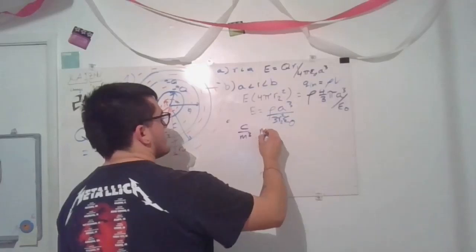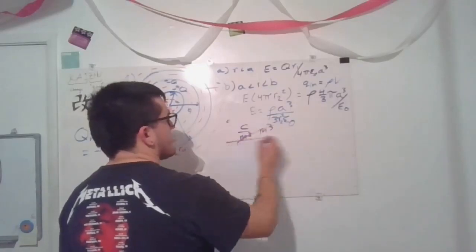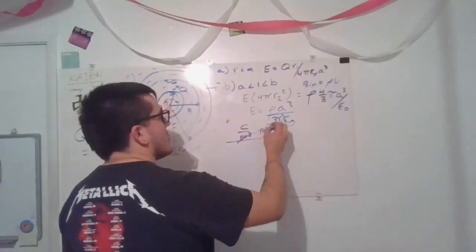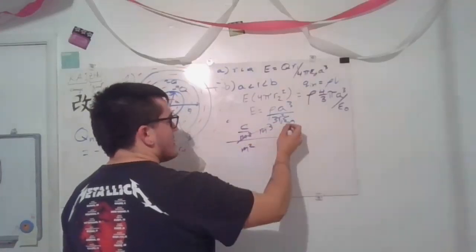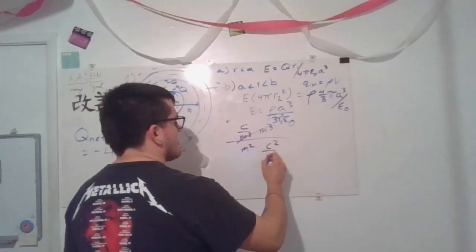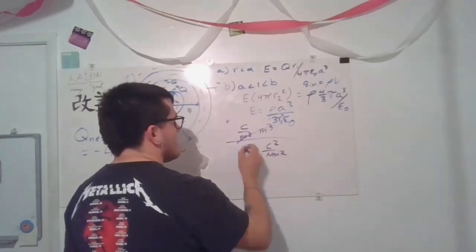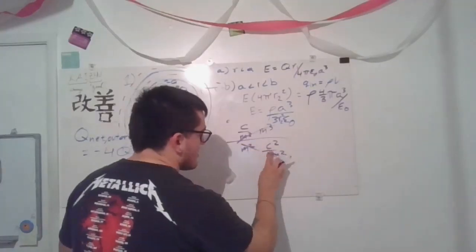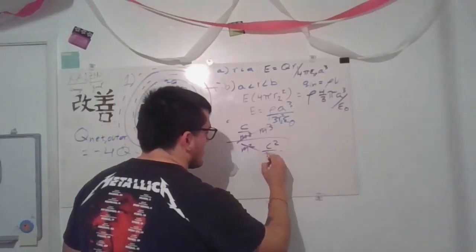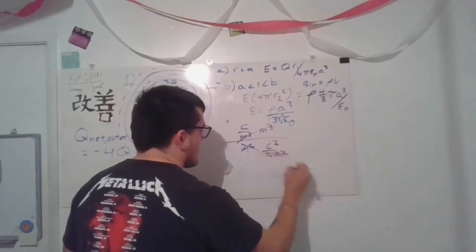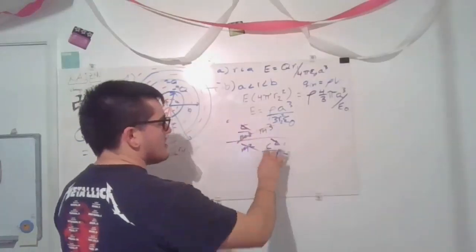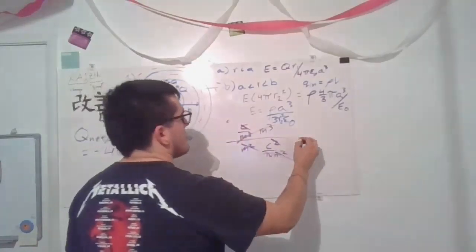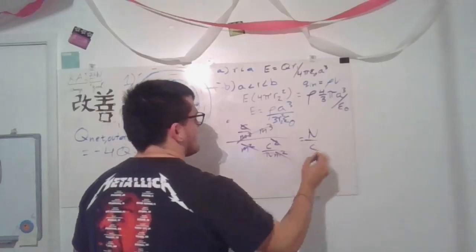A is meters cubed, so already there we have some cancellation. 3 R2 squared, that's meters squared. And this is what? Coulomb squared per Newton meters squared. Cancel there. And then this coulomb will cancel out with one of these coulombs. So you have coulomb on the bottom, Newton there, and it's newtons per coulomb.